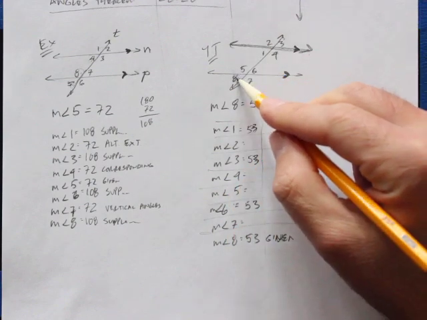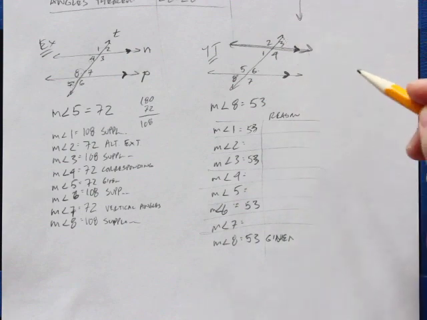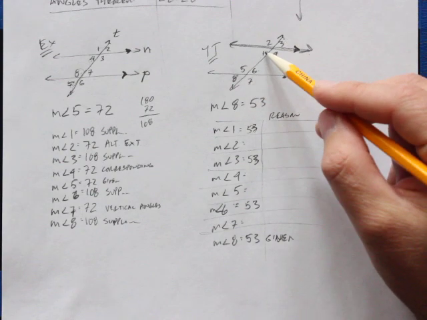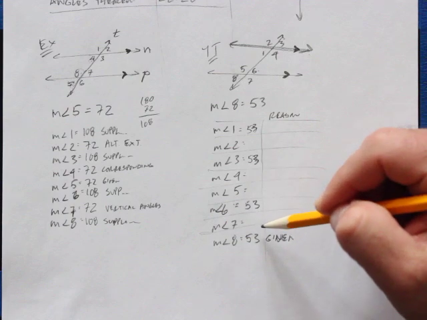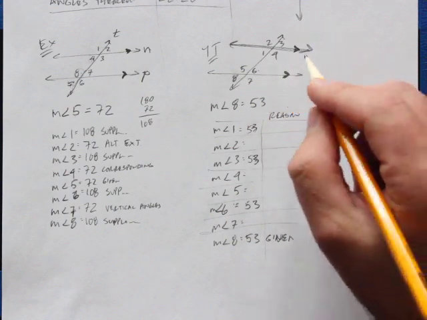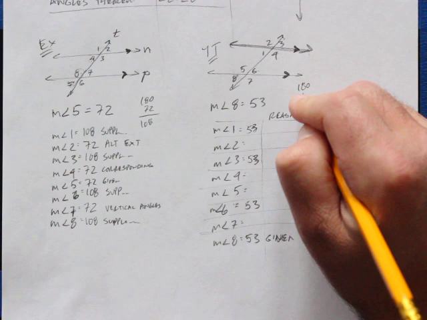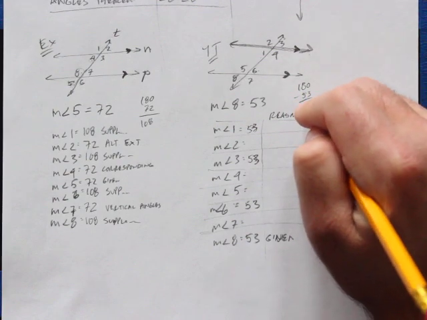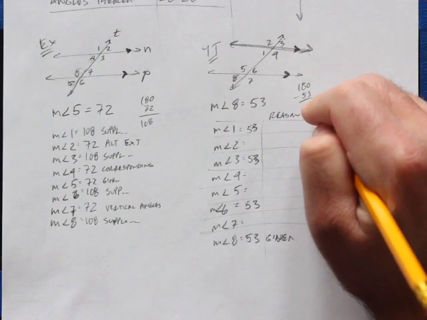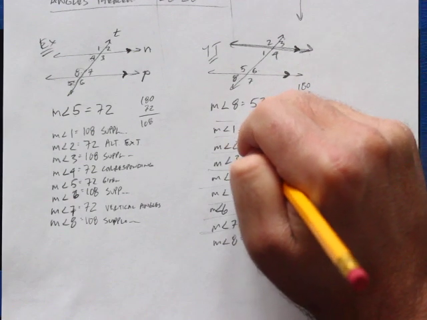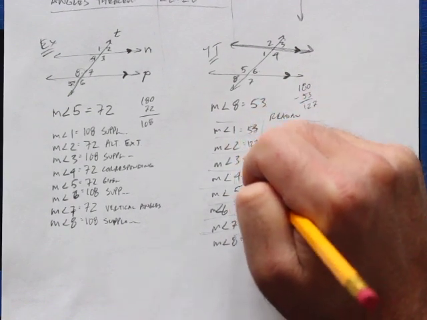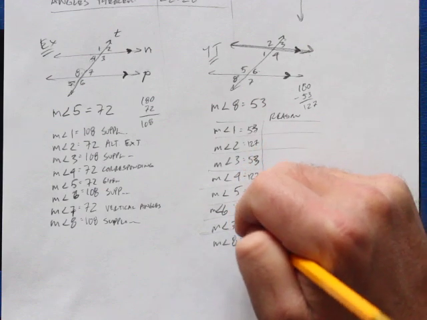Now the rest of the angles I know are supplementary to the angles that I just wrote down here. So I know that those are 180 minus 53, which is 127. So 127, 127, 127, 127.